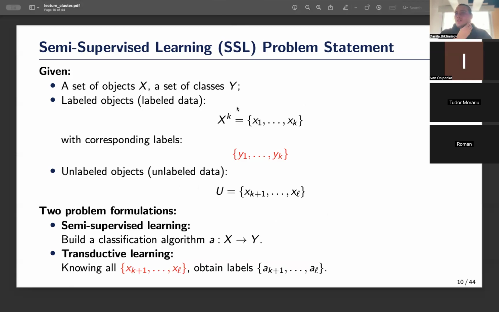But when we talk about semi-supervised learning, it often uses an unsupervised training algorithm. So we don't need labeled data as much as in many supervised learning methods.